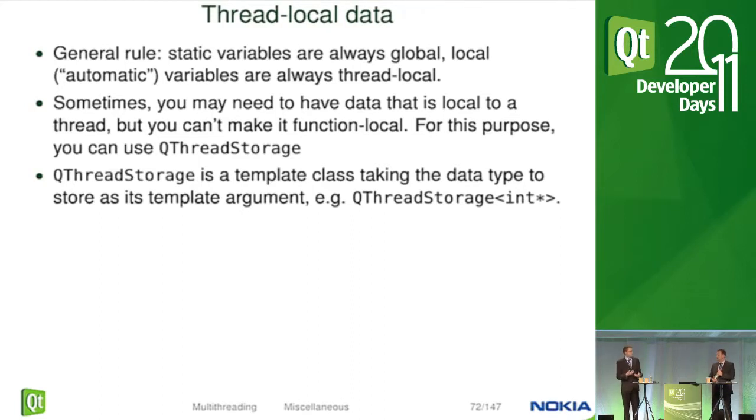So you can have a per thread singleton that manages your database connection. And to implement such a per thread singleton, there's QThreadStorage, which allows you to do that. It's basically like a global variable that has different content in each thread.